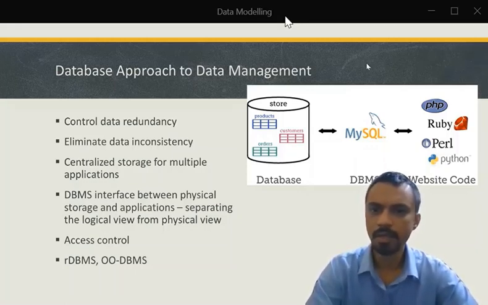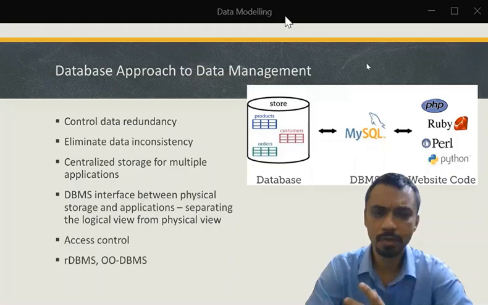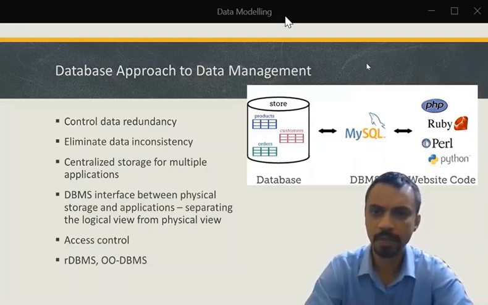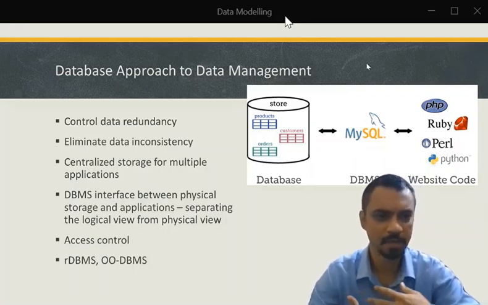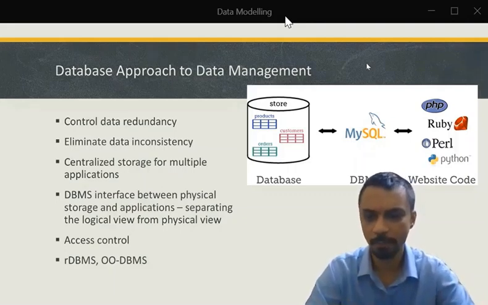The third one, it has a centralized storage for multiple applications. That means if you have the example which we saw about the payroll and attendance and so on, it's not restricted to one type of application. You may have so many applications in a large organization, one for purchase, one for billing, one by the finance section, and so on.